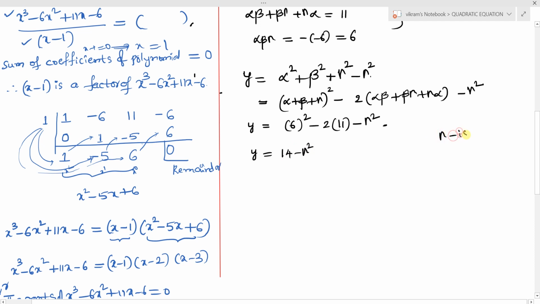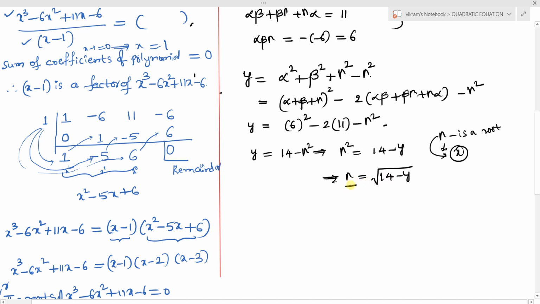So gamma square equals 14 minus y, which implies gamma is equal to the square root of 14 minus y. Since gamma is one of the roots, it has to satisfy the given polynomial.